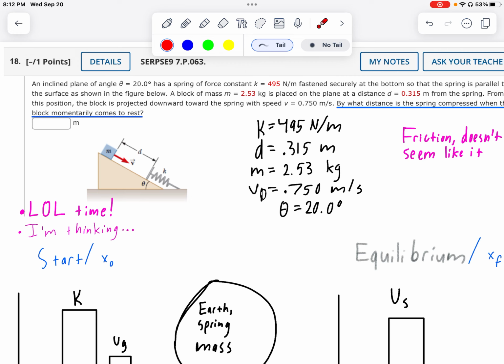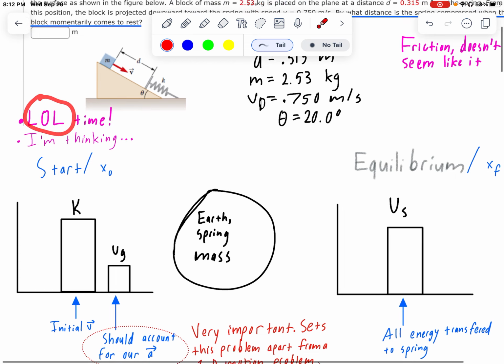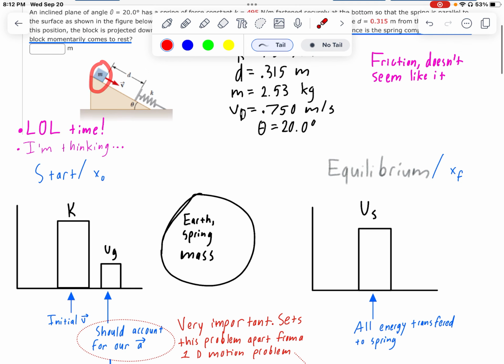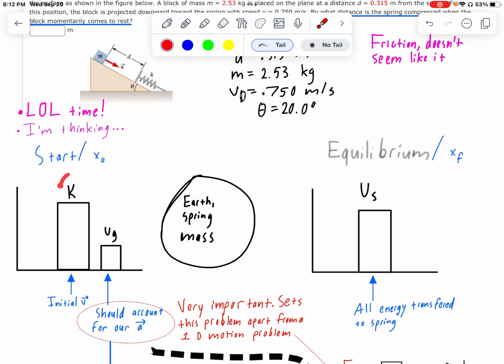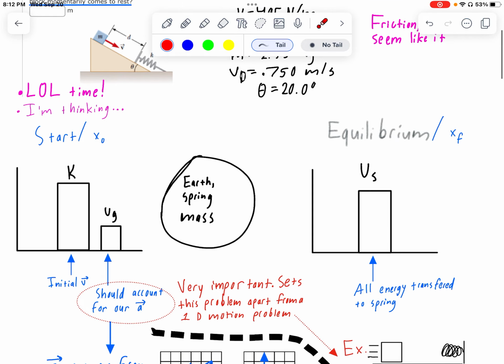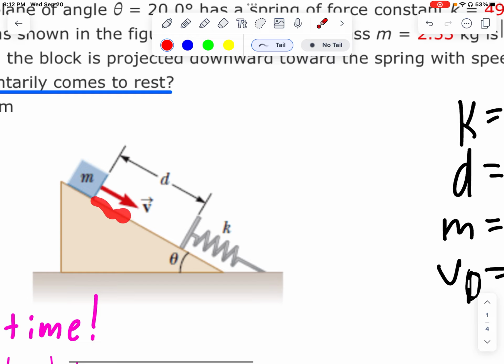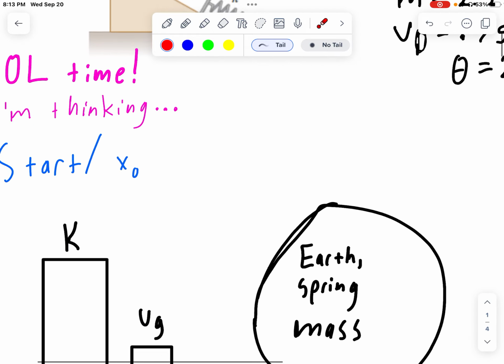I believe you should always start these problems off with an LOL diagram. So I'm thinking two positions. We have the start, which is the position depicted in the picture, and then the spring at equilibrium. We have some kinetic energy from the block's movement, and some gravitational energy because as the block travels down, it is going to be accelerating due to gravity.